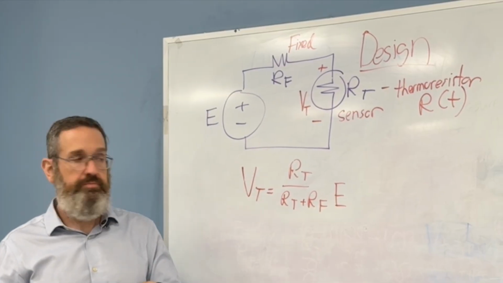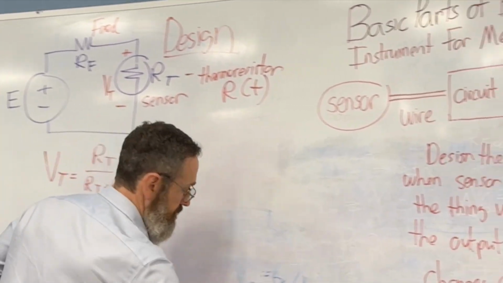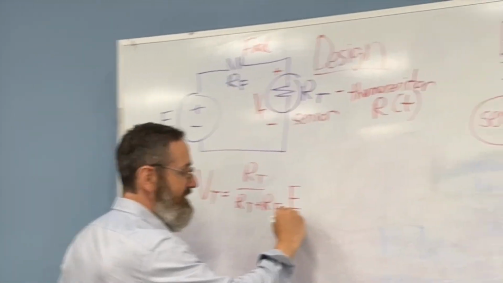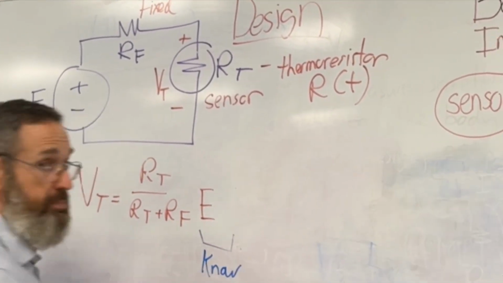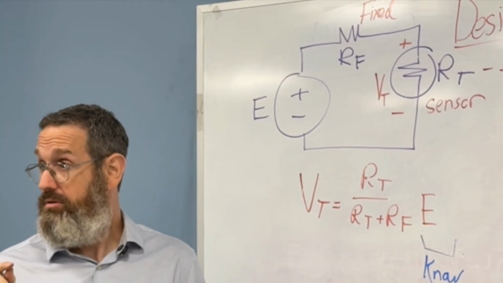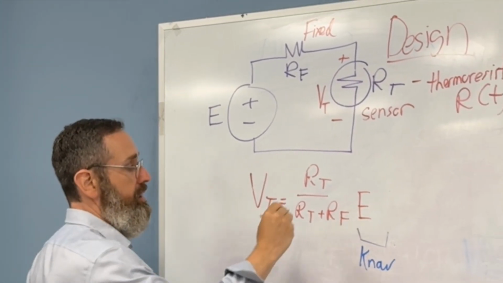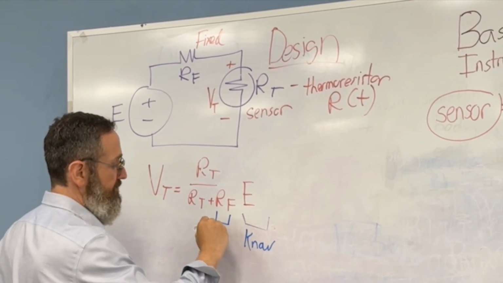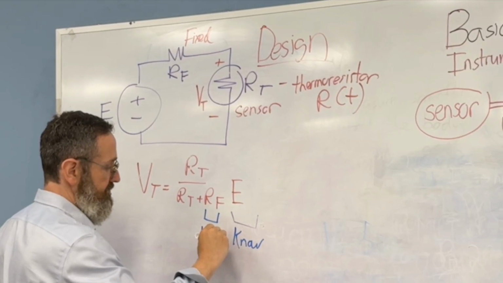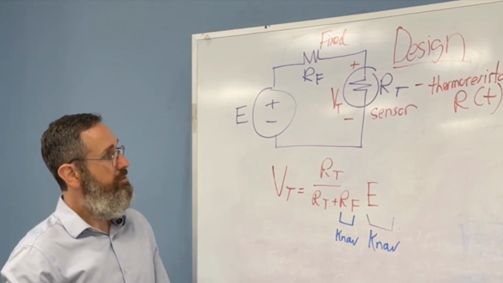So what do we do? Well, we go back to the situation where we know the battery, because we picked it, and we picked it well, right? We thought about it. We know the fixed resistance, right?